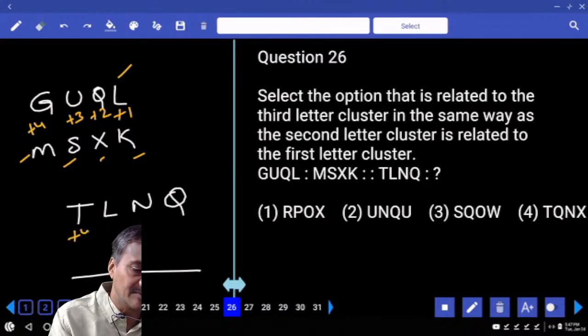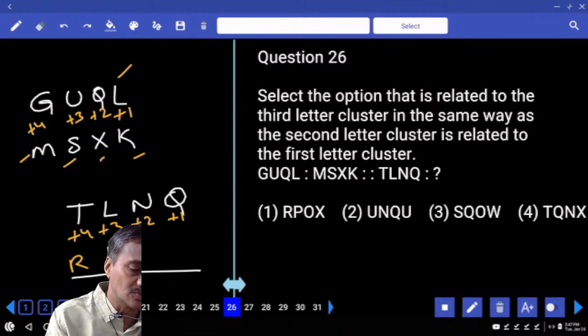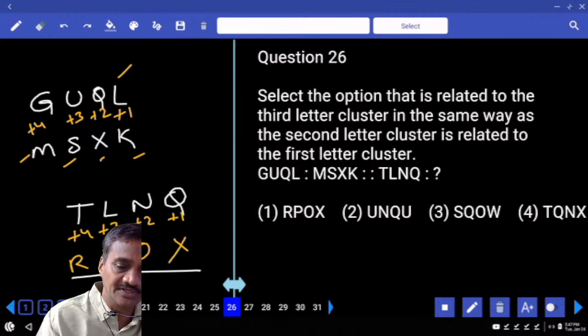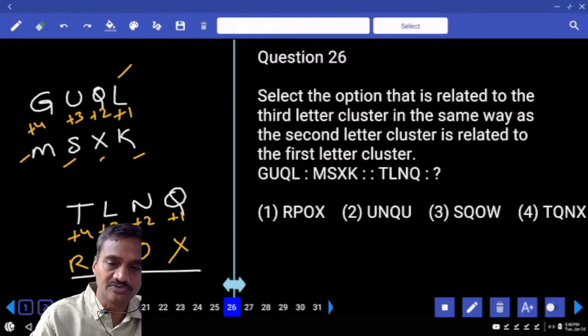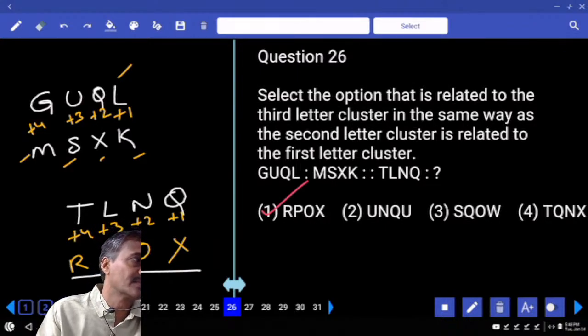Similarly here again, plus 4, plus 3, plus 2, plus 1. Q plus 1 is R, N plus 2 is P, L plus 3 is O, and T plus 4 is X. RPOX, that is choice 1, question number 26.